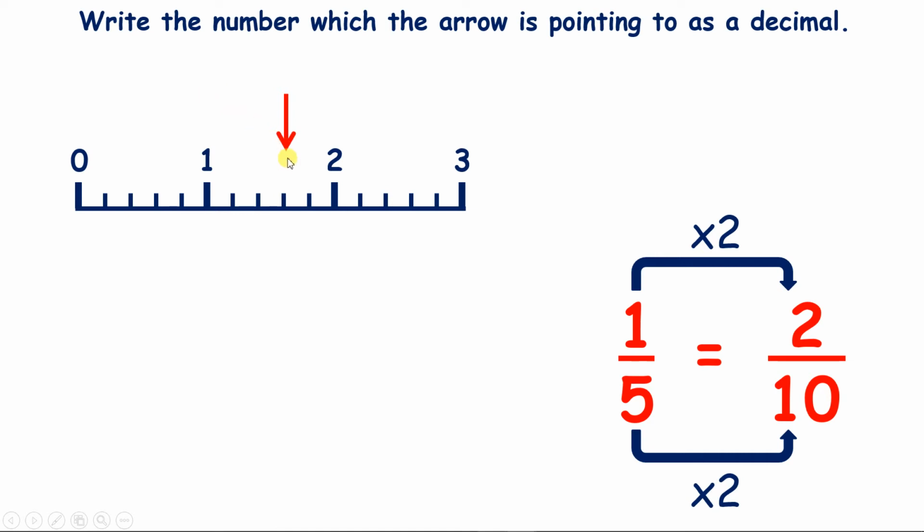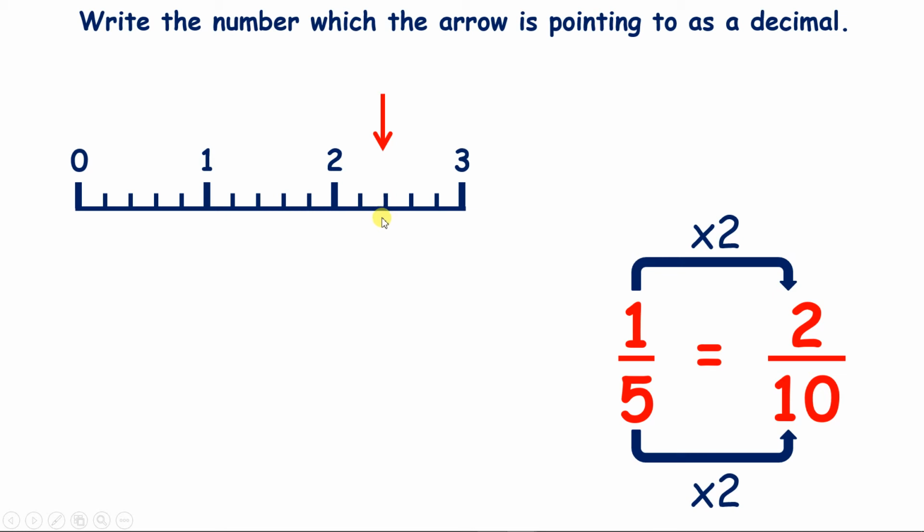Now, which number is the arrow pointing to here? Well, we have 1, and then we have 1, 2, 3/5. Now, 3/5, if we change that into tenths, we have 6/10, so we have 1 and 6/10, so we have 1.6.